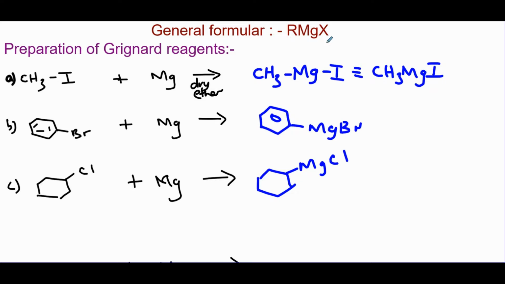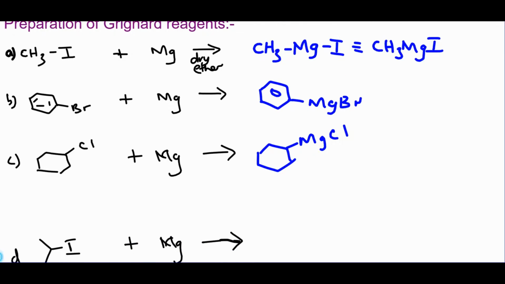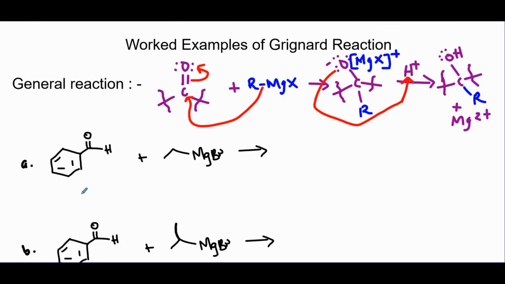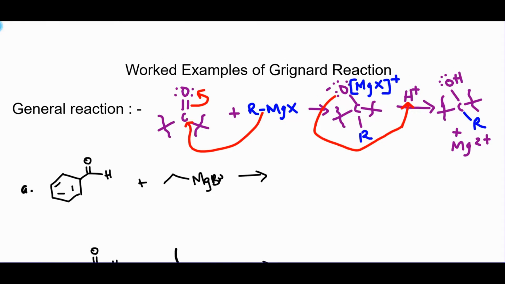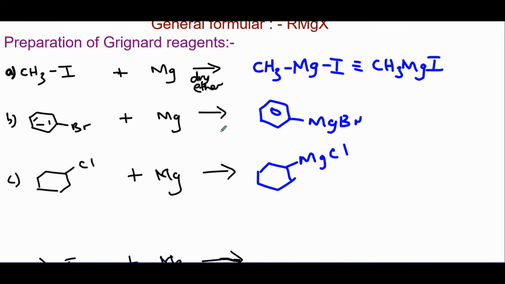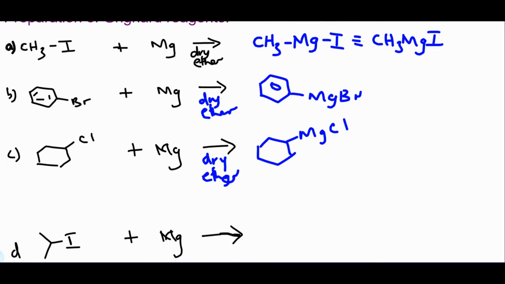So you would work with iodine, bromine, or chlorine as X. Very simple reaction to do. But just remember the solvent has to be dry and aprotic. Okay, so typically everyone uses dry ether. It could be dry diethyl ether or dry THF.